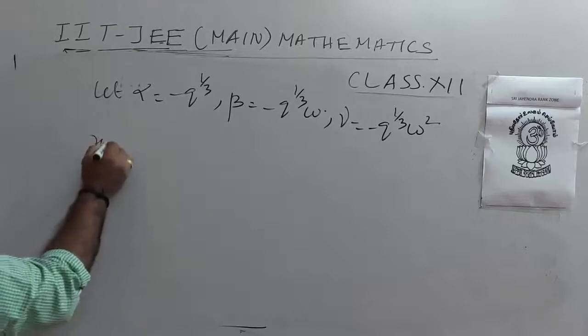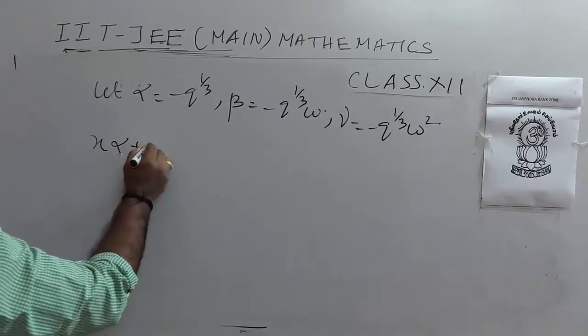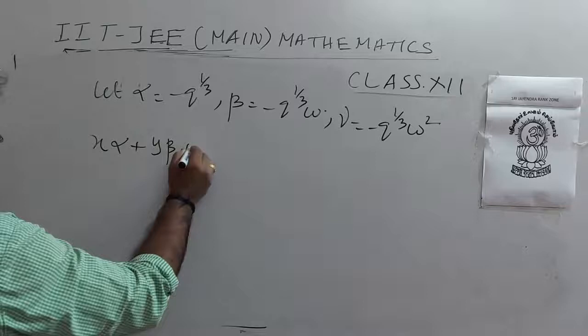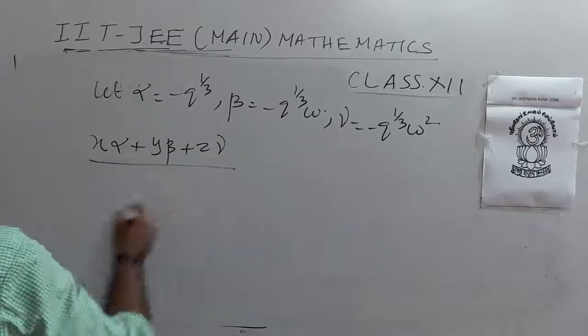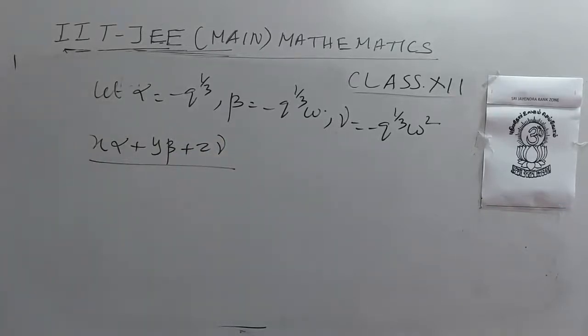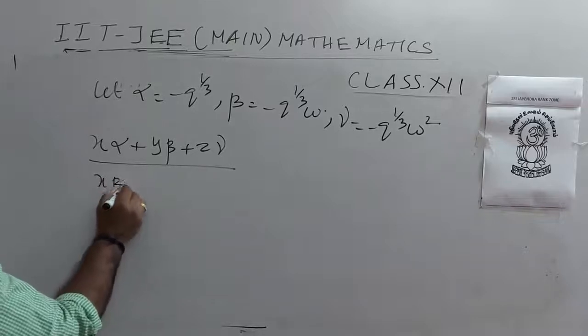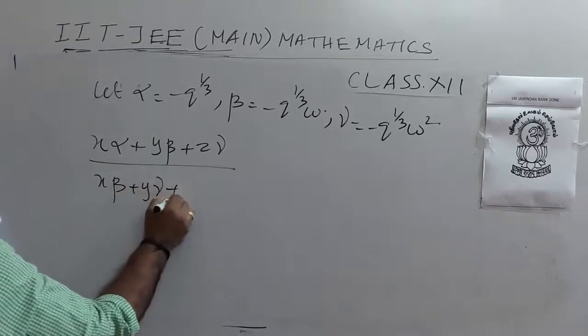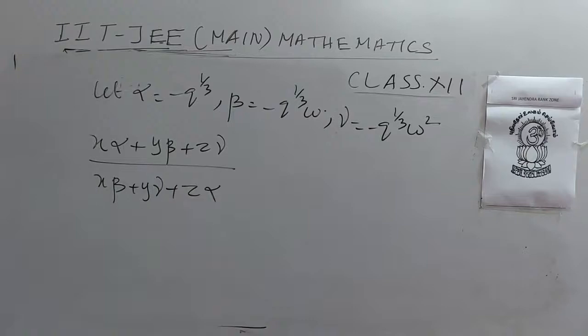So we have to find (x alpha plus y beta plus z gamma) divided by (x beta plus y gamma plus z alpha).